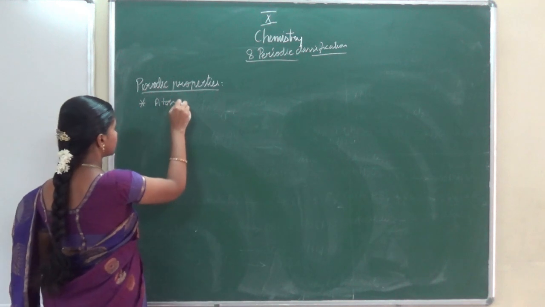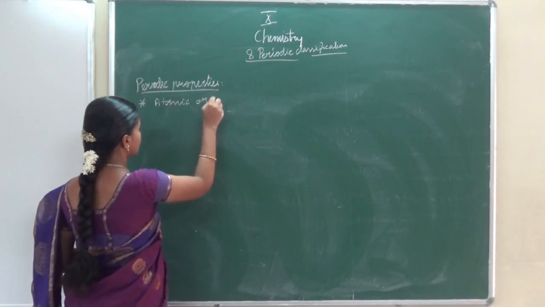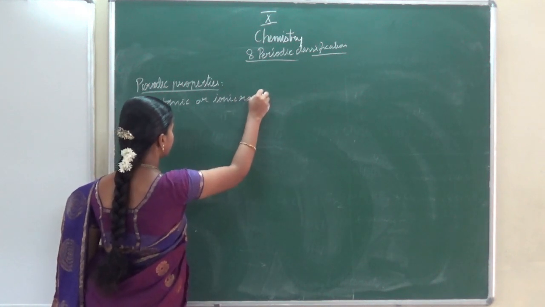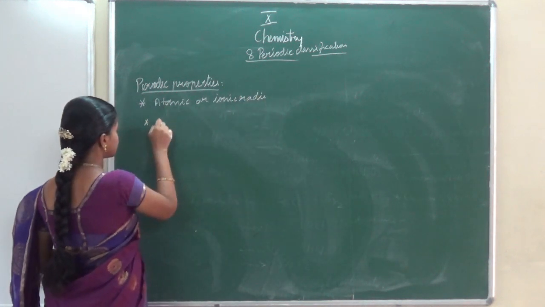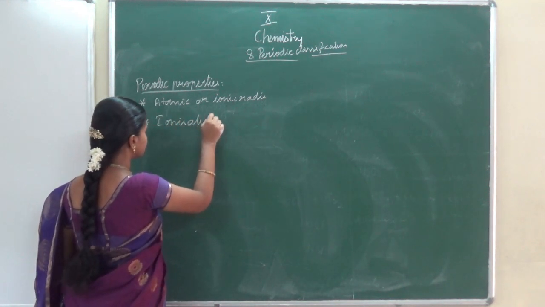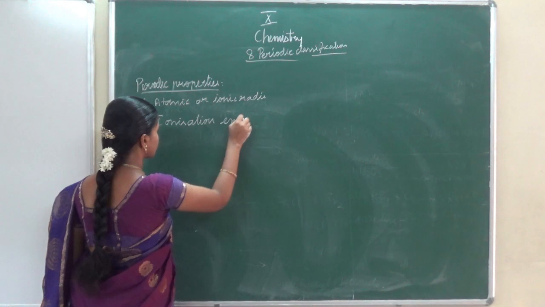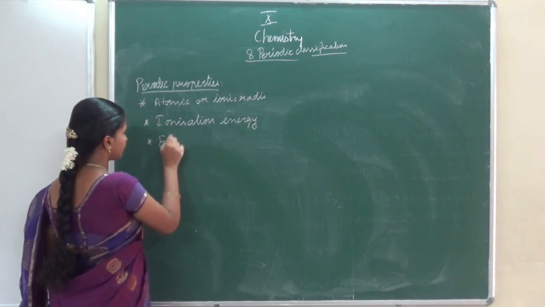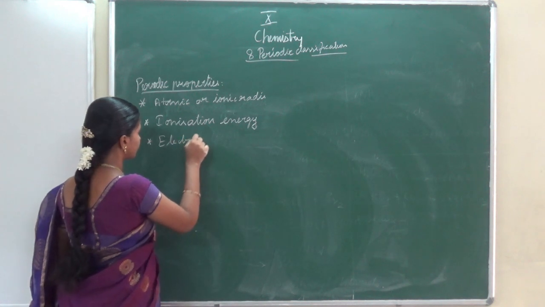Atomic or ionic radii. The next one is ionization energy. Next one, electron affinity.